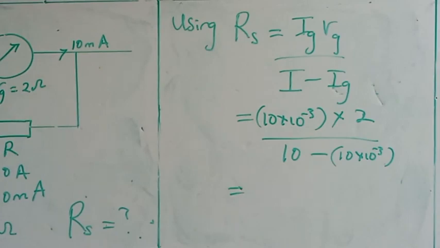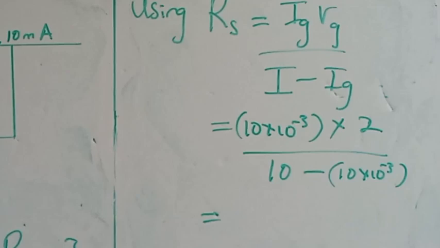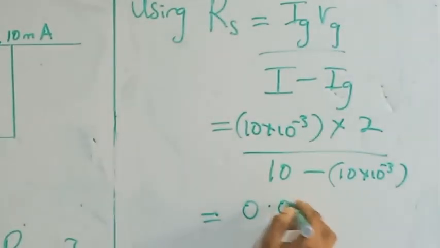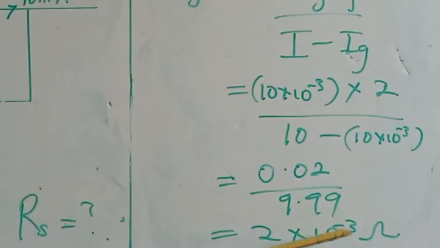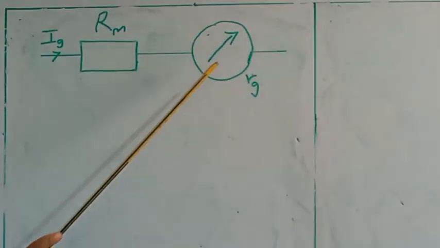So let's go ahead and solve it. That will give us 0.02 over 9.99. And then our final answer will be 2 times 10 raised to the power minus 3 ohms.